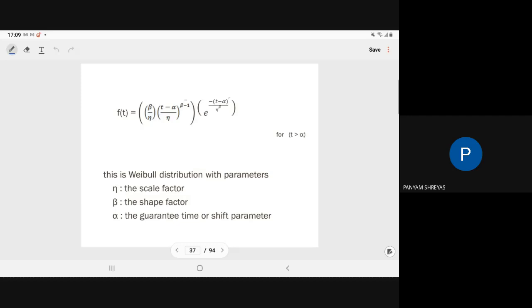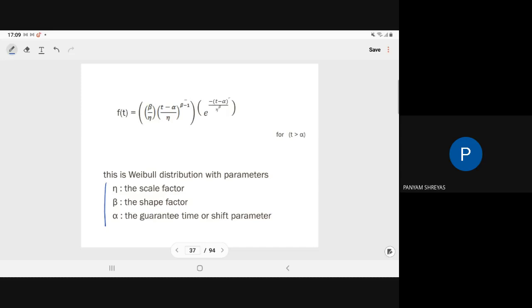So now in this case, it is most important to understand what eta, beta and alpha are. Eta is the scale factor, beta is the shape factor, and alpha is the guarantee time or shift parameter. Means your reliability will start from alpha. This is the guarantee time.